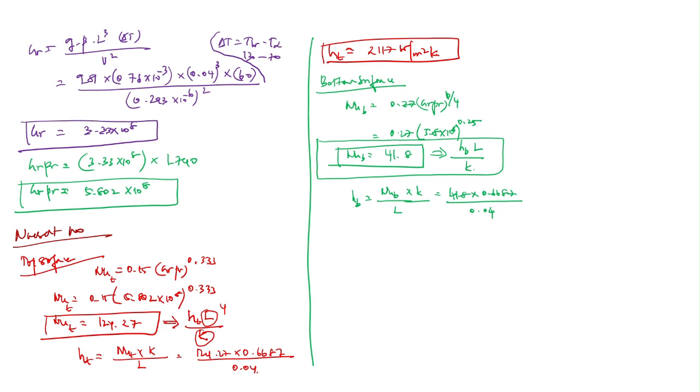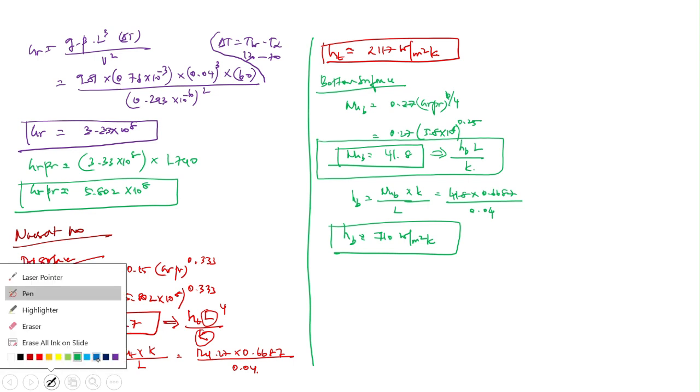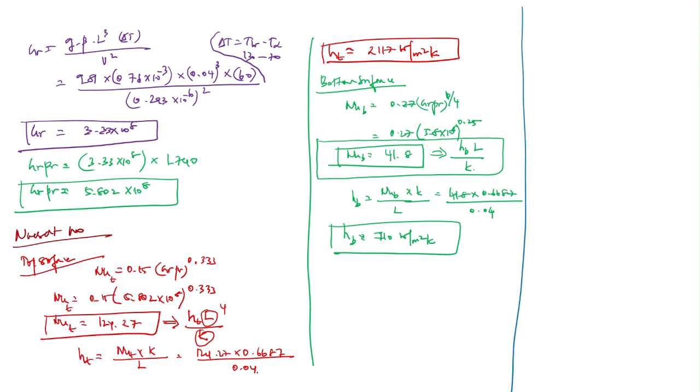After substituting these values, the h of the bottom surface is approximately 710 watt per meter square Kelvin. You find the two heat transfer coefficients.